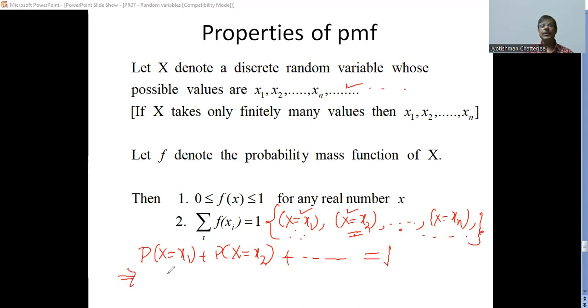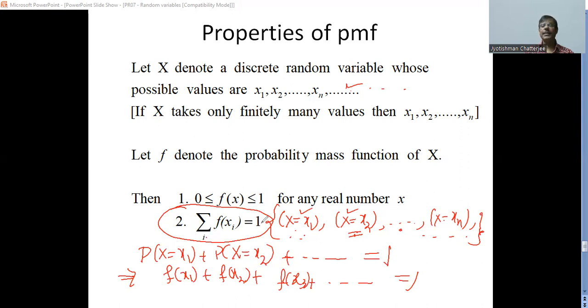Probability of capital X equal to x1 is f of x1, so f of x1 plus f of x2 plus f of x3, and so on, must be equal to 1. And that's precisely this property: the summation of f of xi, running over all the possible xi's, gives us 1.